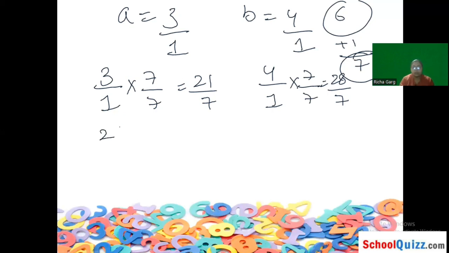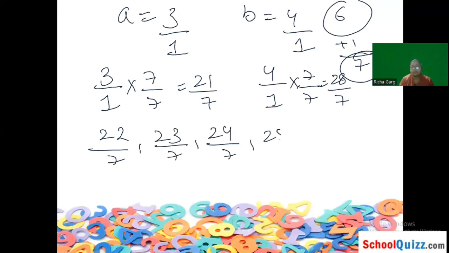It will be 22 by 7, 23 by 7, 24 by 7, 25 by 7, 26 by 7, 27 by 7. So 1 2 3 4 5 6. Correct? 6 rational numbers we have got.